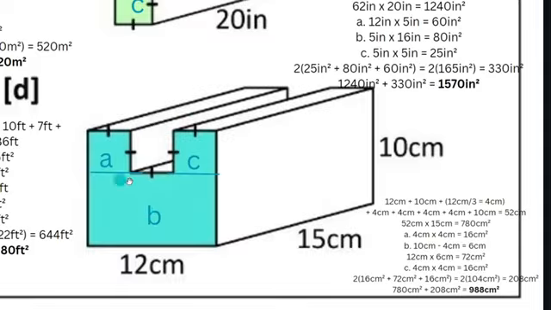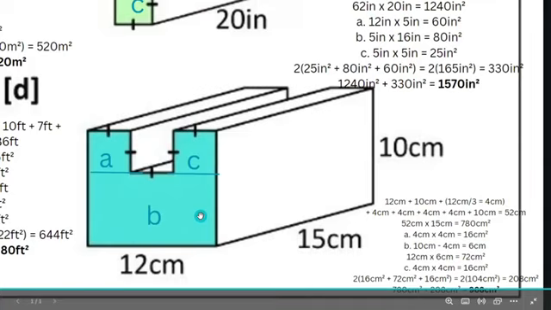This would be A, this would be B, and this would be C. To calculate A, we take 4 cm times 4 cm, which equals 16 cm square. And for B, we take 10 cm minus 4 cm, which equals 6, the height for here. Then we take 12 cm times 6 cm, which equals 72 cm square.